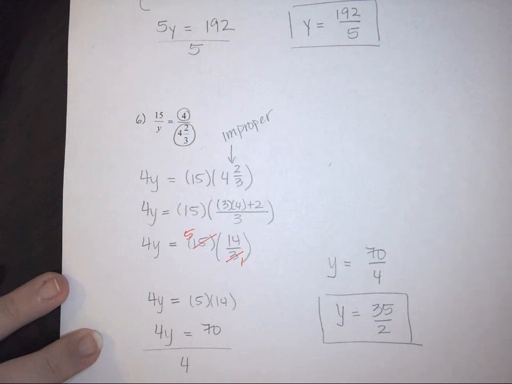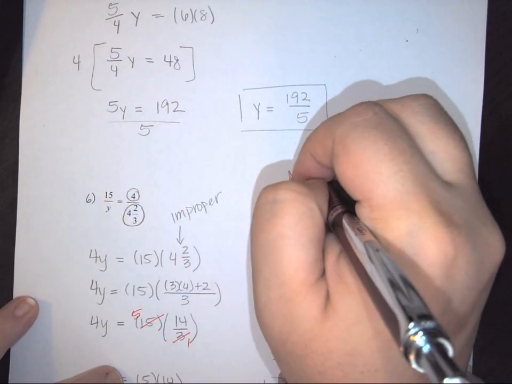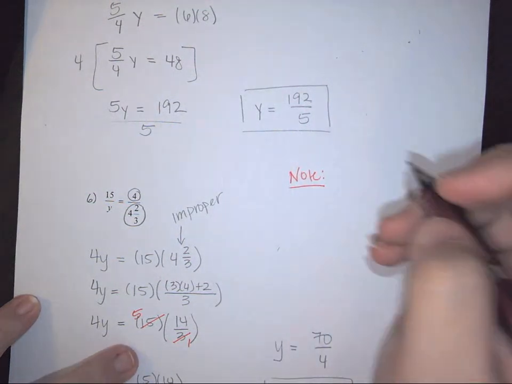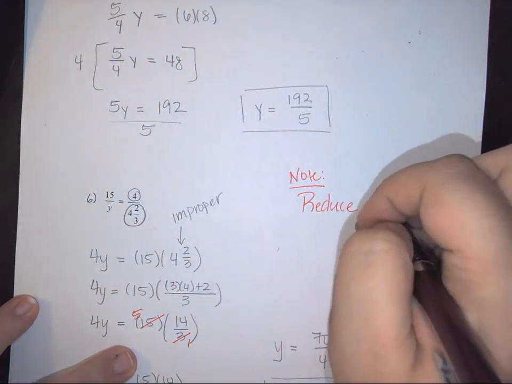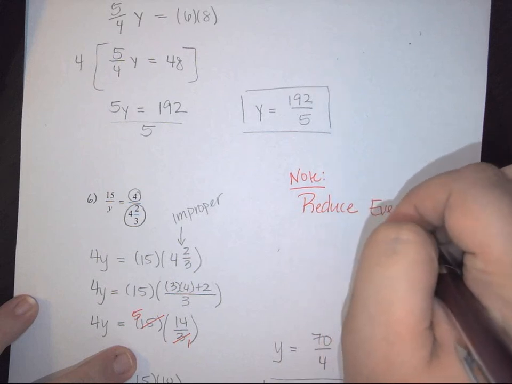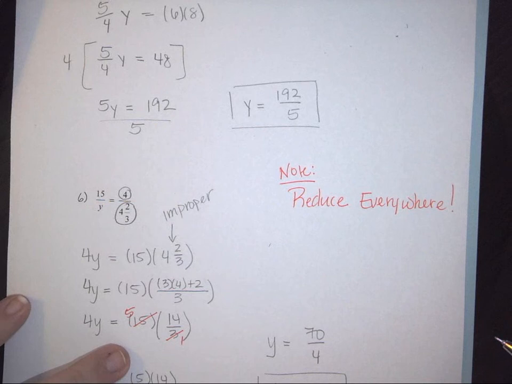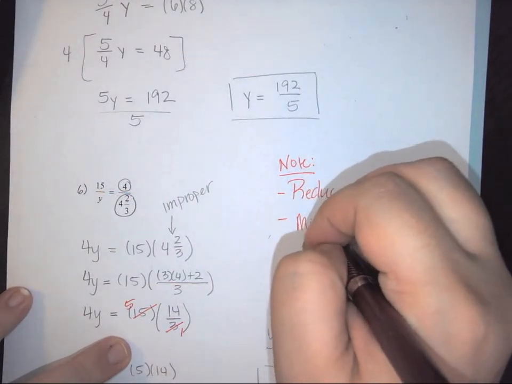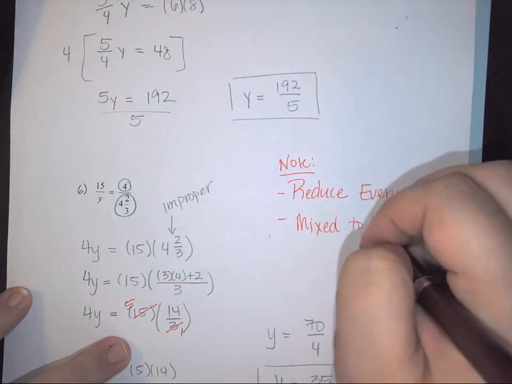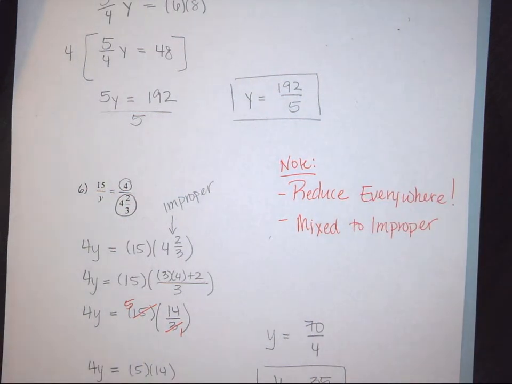So a couple things that you need to remember when dealing with proportions is, one, you want to reduce everywhere. The second thing that you want to remember is you always want to do mixed to improper, because that's going to help you along the way with your reductions.